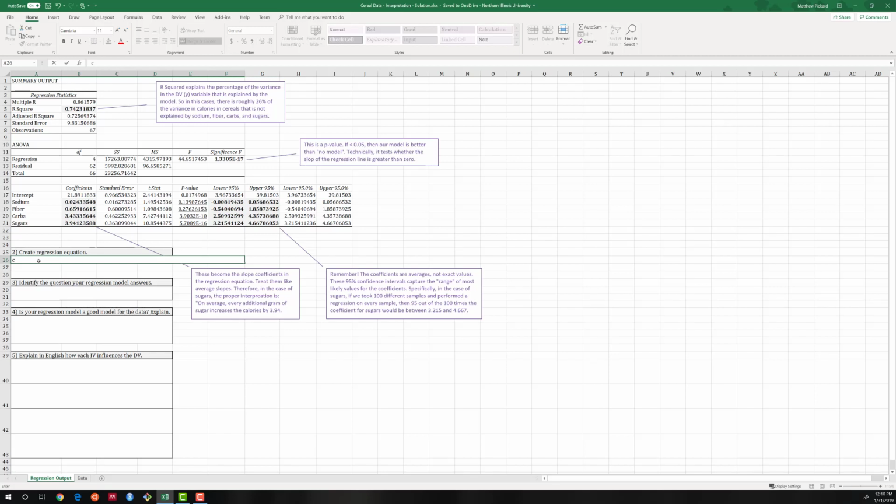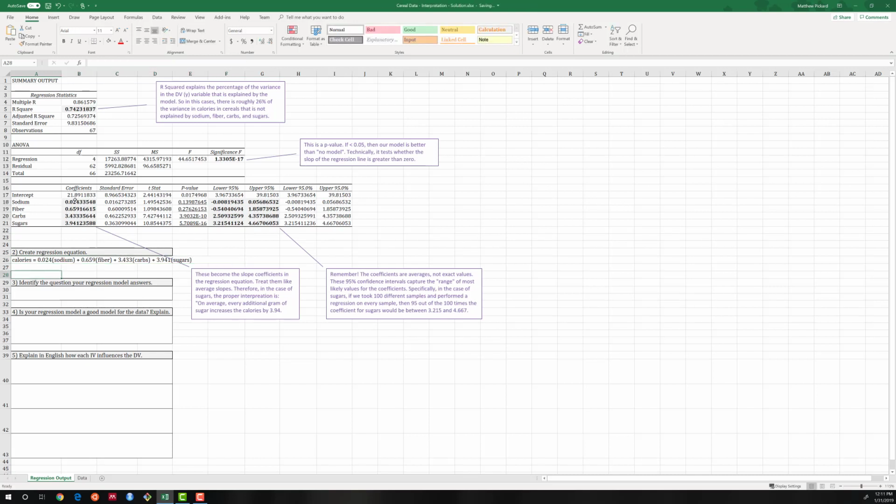So if we're trying to estimate calories, we could say calories is equal to 0.024 times, we'll assume they're grams of sodium, plus 0.659 times the grams of fiber, plus 3.433 times the carbs, plus 3.941 times the sugars. So that would be our regression equation.